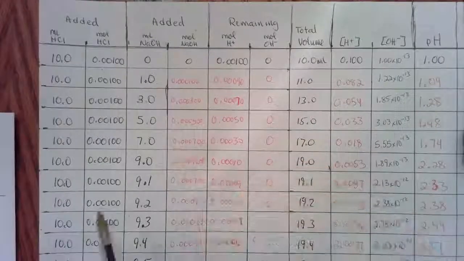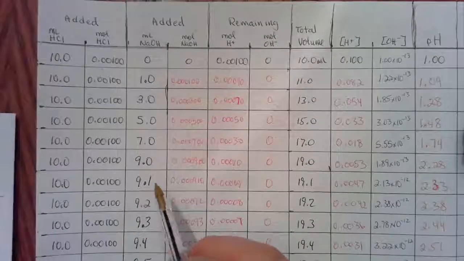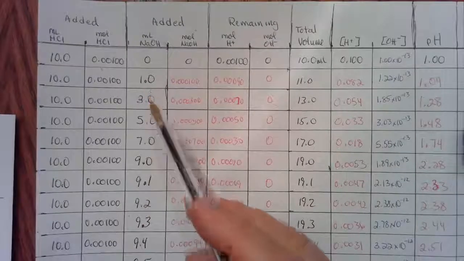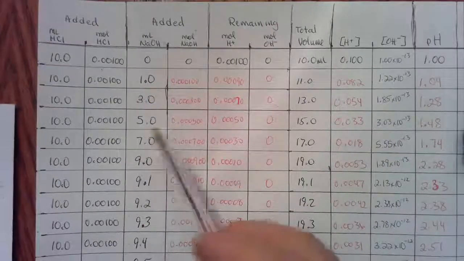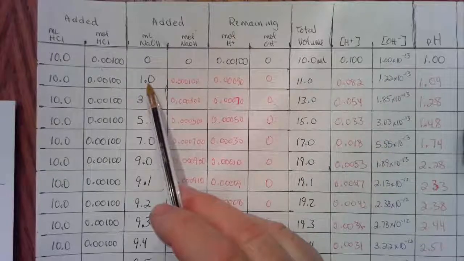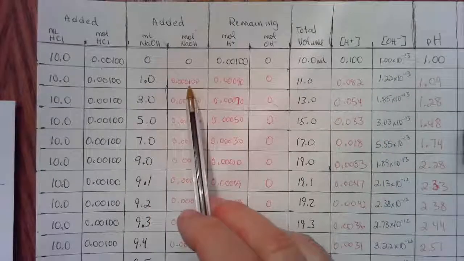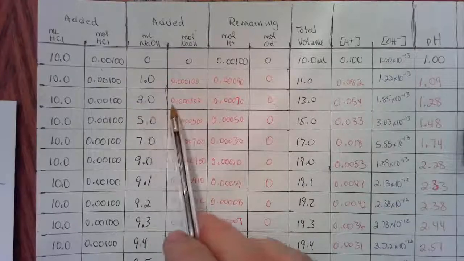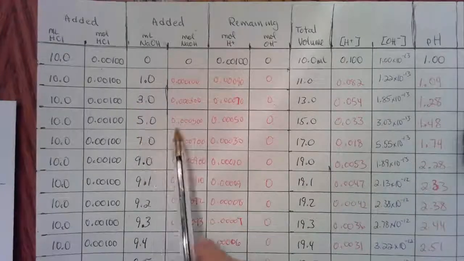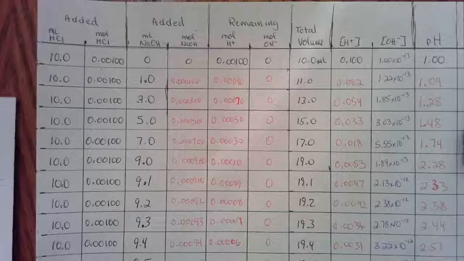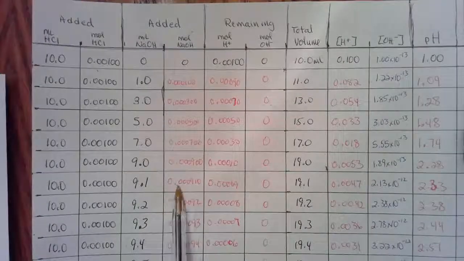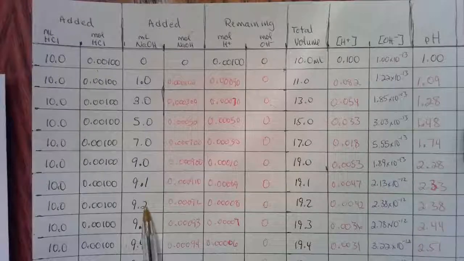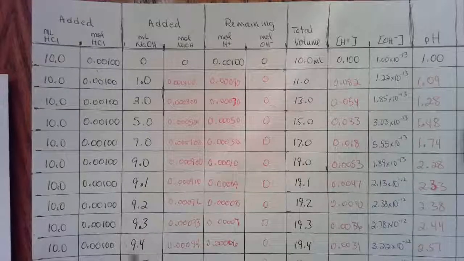So I went ahead and determined how much sodium hydroxide I wanted to add for each aliquot. Took care of that. So remember, 1 milliliter was 0.0001 moles. So if we have 3 milliliters, 0.003, 5, 0.0005, and so on down the chart. When we get to the 0.1s, 0.0091, 92, 93. See how this is working? I hope you do.